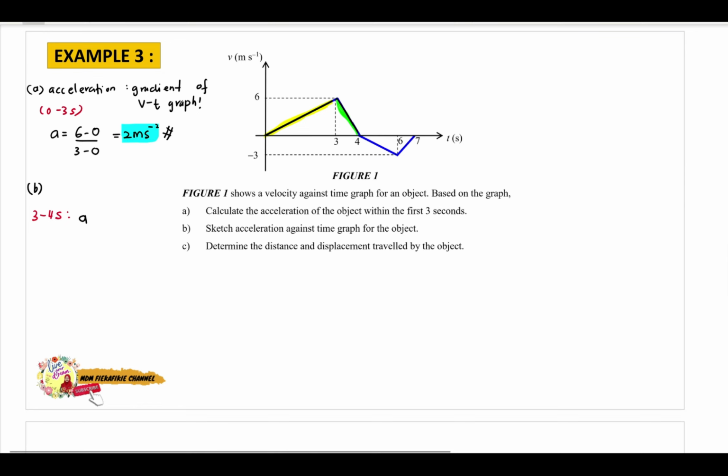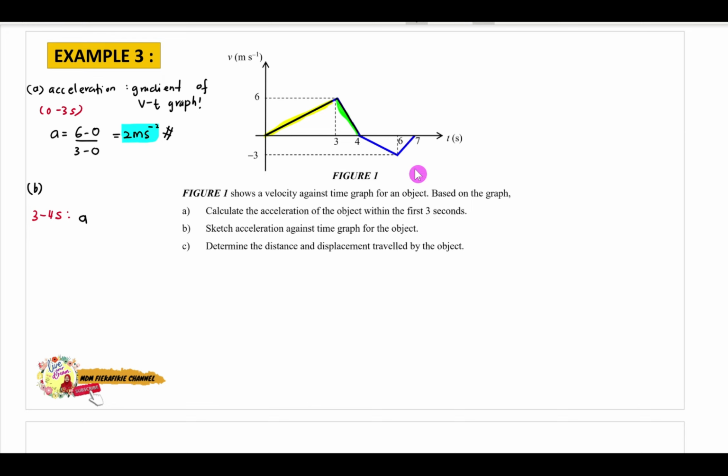Okay, jadi kalau saya tengok dekat sini, look at the green color. The gradient here will give you the negative value. Means that the acceleration is negative. Okay, kenapa negatif? Sebab velocity dia semakin berkurang. 6, 5, 4, 3, 2, 1, 0. Okay, tetapi nilai velocity dia masih positif.